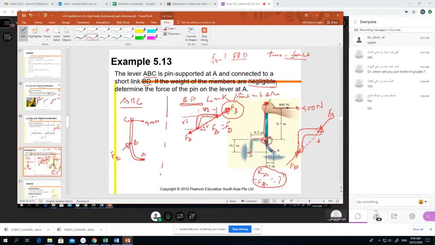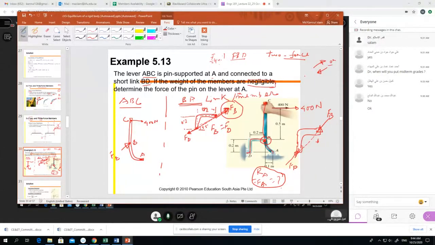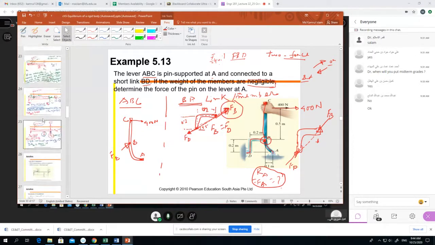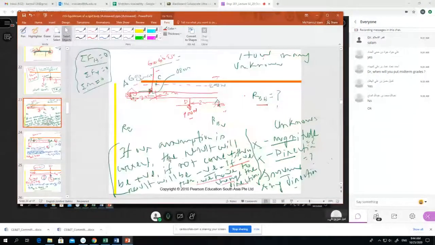Now in this example, we assume this is upward. You can assume anything, upward or downward, it doesn't matter. But at the end, we learned a basic thing last class: if your assumption is correct, then the result will be positive. If it is not, then the result will be negative, and then we have to change it.